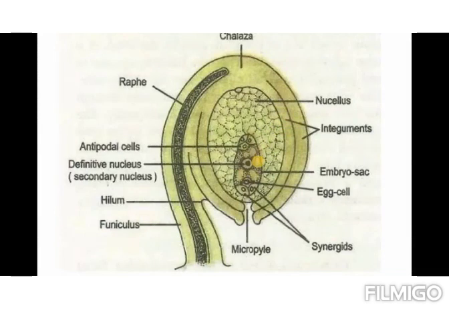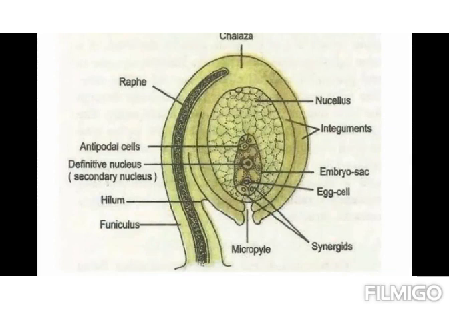First is called the nucellus. This nucellus is a diploid structure in which many diploid parenchymatous cells are present. The outermost covering of the nucellus is called the integuments.